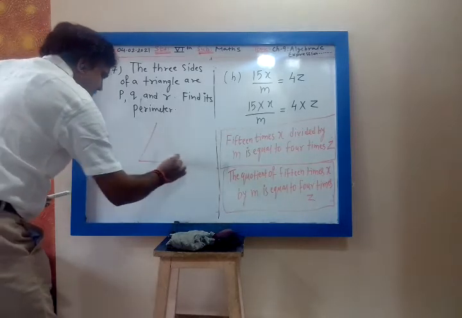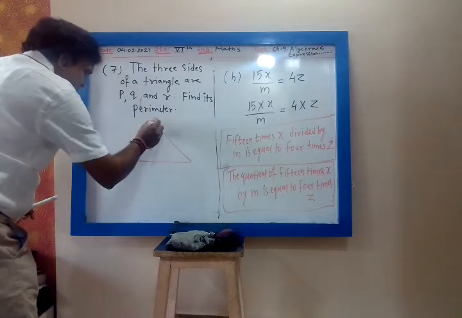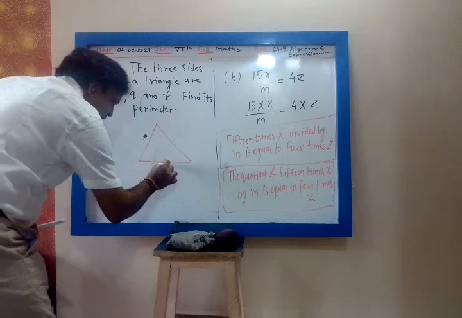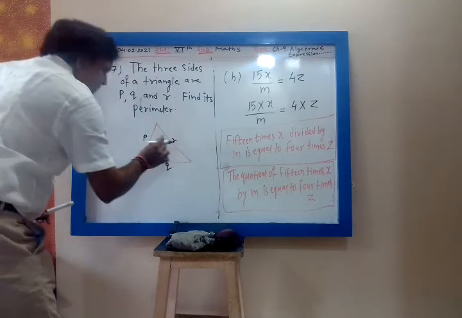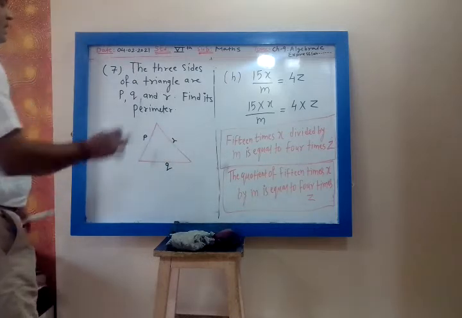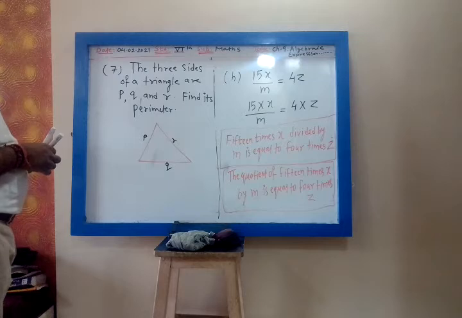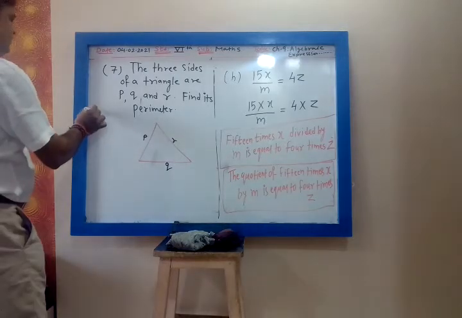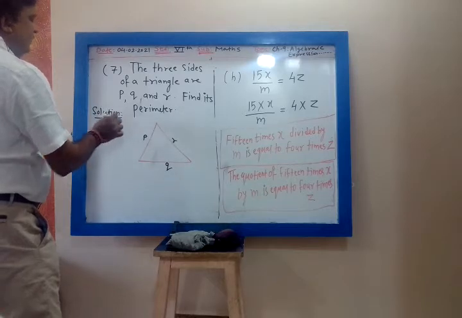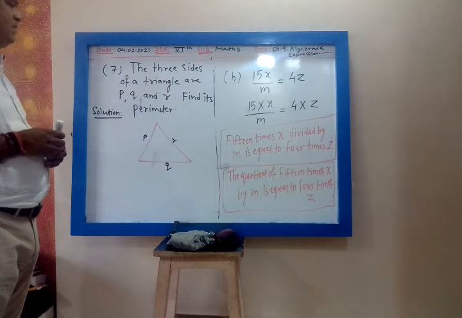We can draw the triangle with three sides. This is one side P, this is another side Q, and this is the third side R. Triangle is the seventh question we are doing, no?